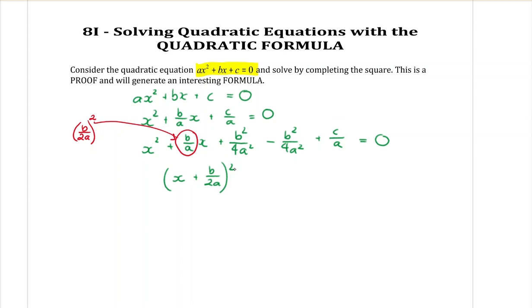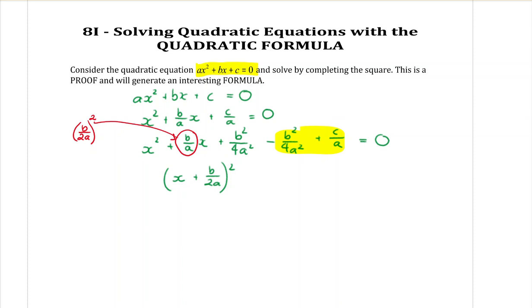Okay, now these 2 parts on the end, they are some numbers that I want to collect up. It would be great if I could get a common denominator. So the common denominator would need to be a 4a squared.